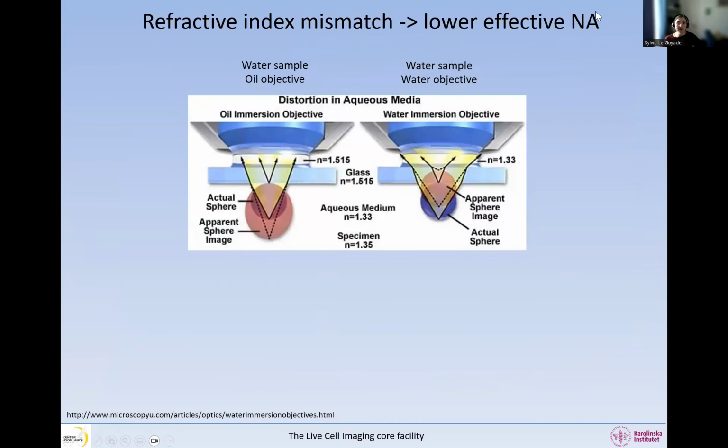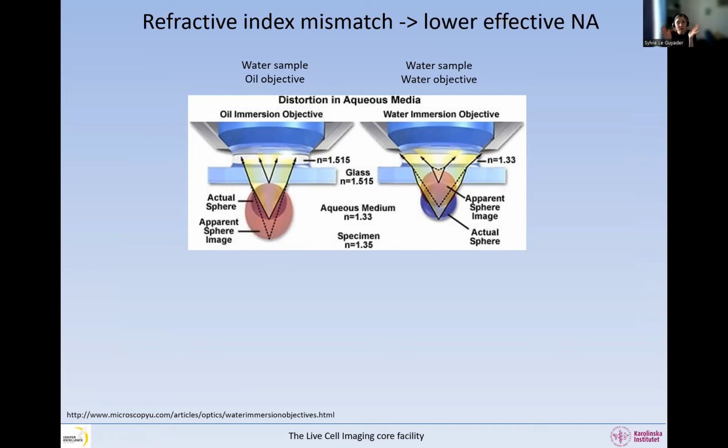So again, the effect of a refractive index mismatch is also that it lowers the numerical aperture. Maybe you're using a 60x oil objective because you think that this one has a high numerical aperture, so it's going to be great resolution. But if your sample is made of water or is in water, then because of this change in angle, you're actually closing the numerical aperture.